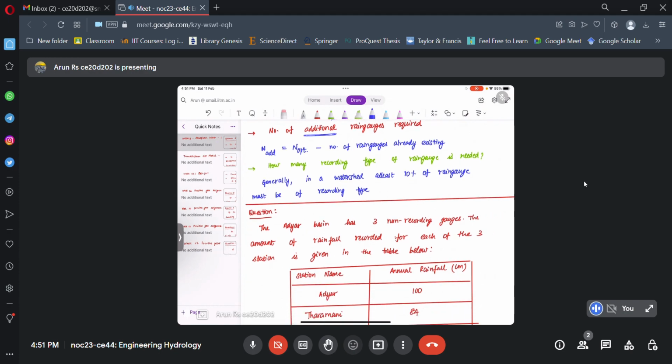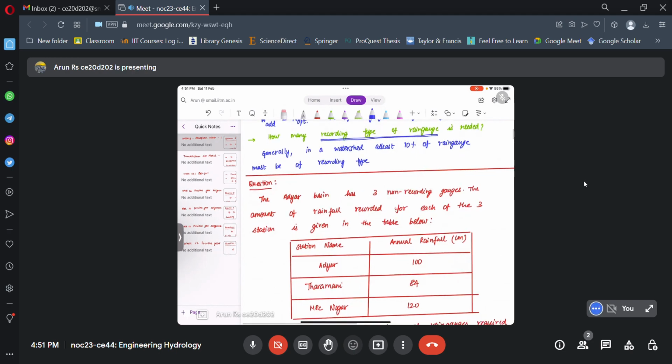And in some places you will be asked to find the number of recording type rain gauges required. We have different types of rain gauges: self-recording, recording type, and non-recording type. In some places you will be asked to determine the number of recording type rain gauges needed.